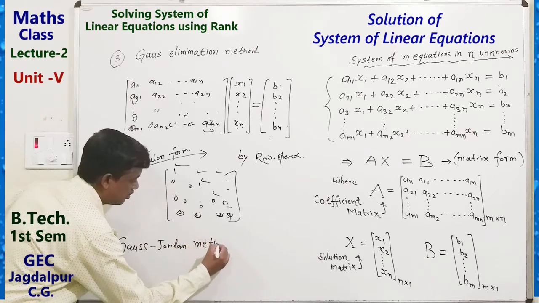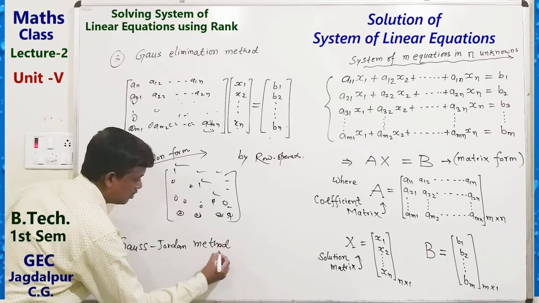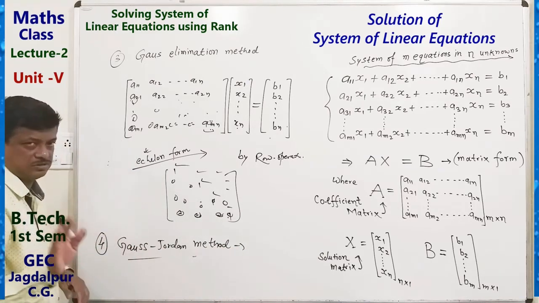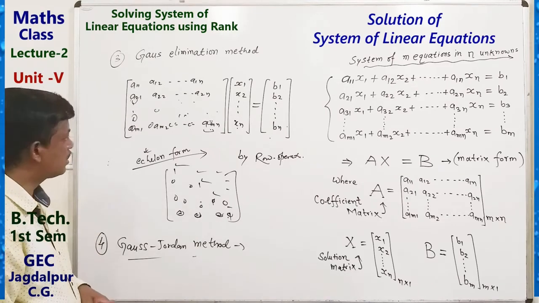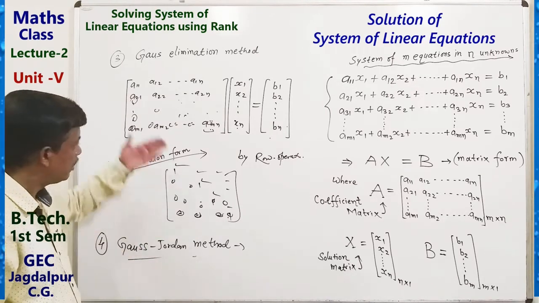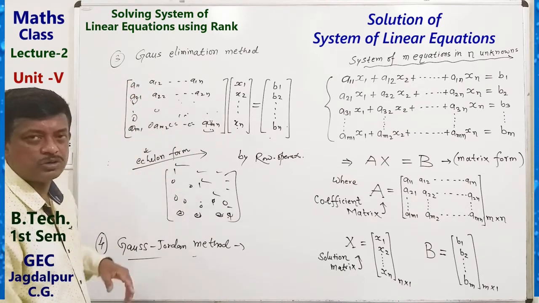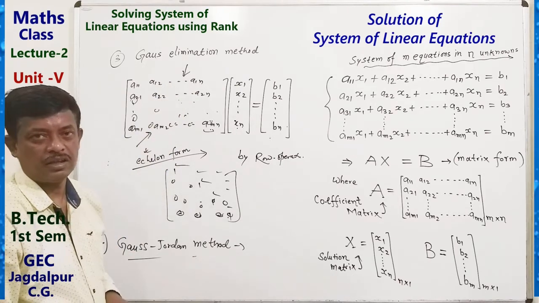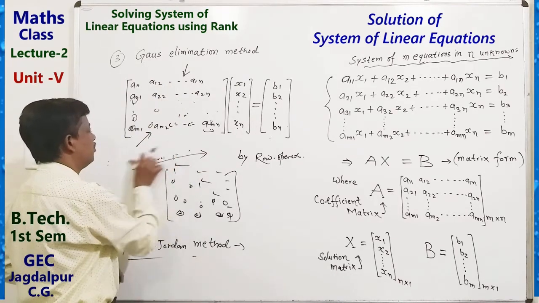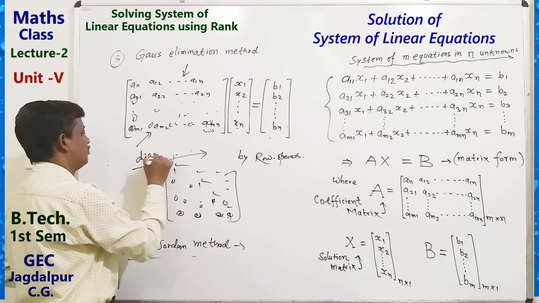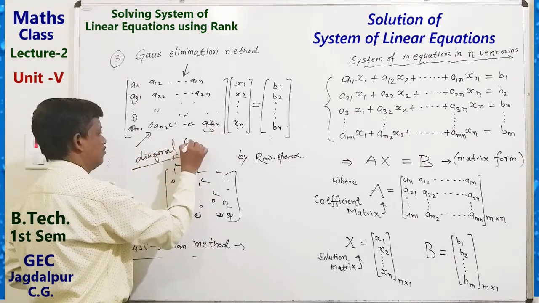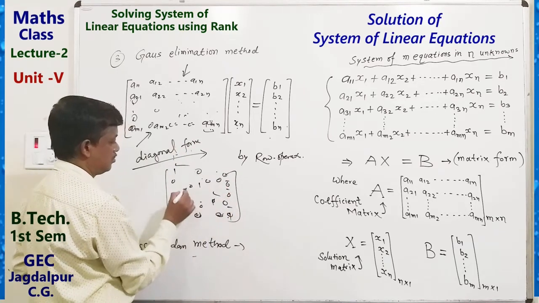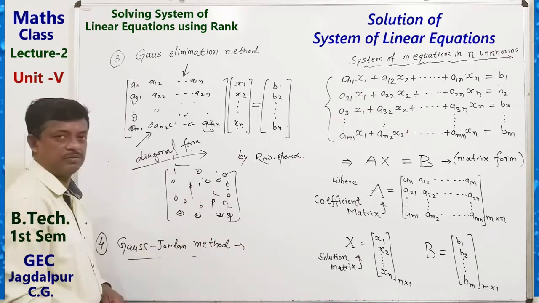In the Gauss-Jordan method, we are trying to eliminate unknowns from the bottom level and also from the top level, and we are trying to convert it to diagonal form, with 0s and 1, 1, 1 on the diagonal.